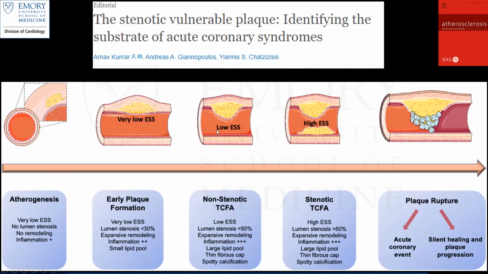As there is plaque progression, high shear stress becomes a major player. High shear stress, by activating local mechanotransduction, increases inflammation, causes a large necrotic core, and transforms the plaque into stenotic thin cap fibroatheroma, which ultimately can rupture and cause ACS.